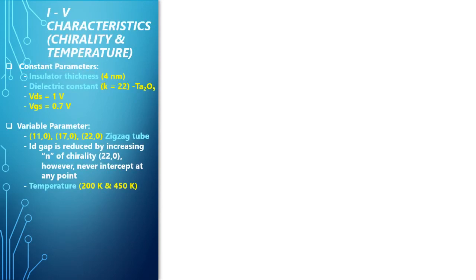Well, in this slide, I am again discussing the current voltage characteristics of both CNT FETs by changing the chirality and temperature. The parameters that I have kept constant are the insulator thickness, dielectric constant, VDS and VGS, whereas the parameters that I have varied are the zigzag tube versions and the temperatures. 11.0, 17.0, and 22 zigzag tubes were analyzed in the CNT FET lab.